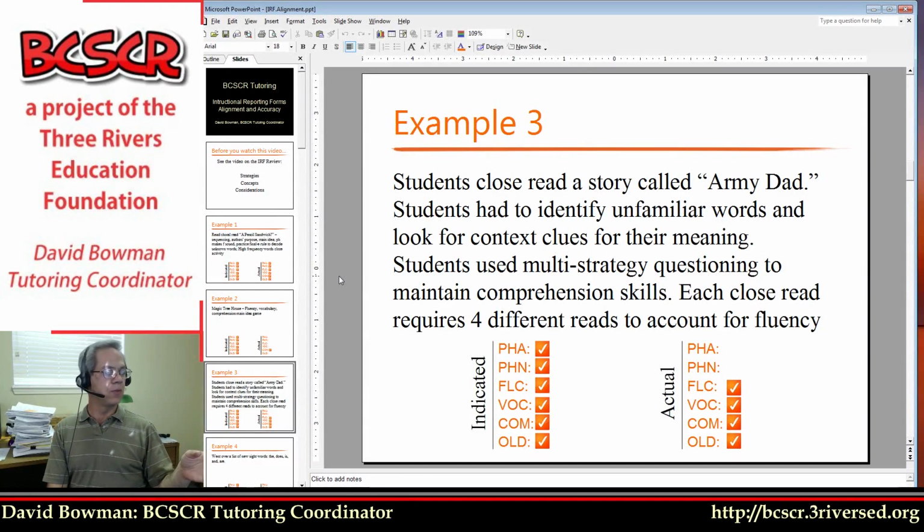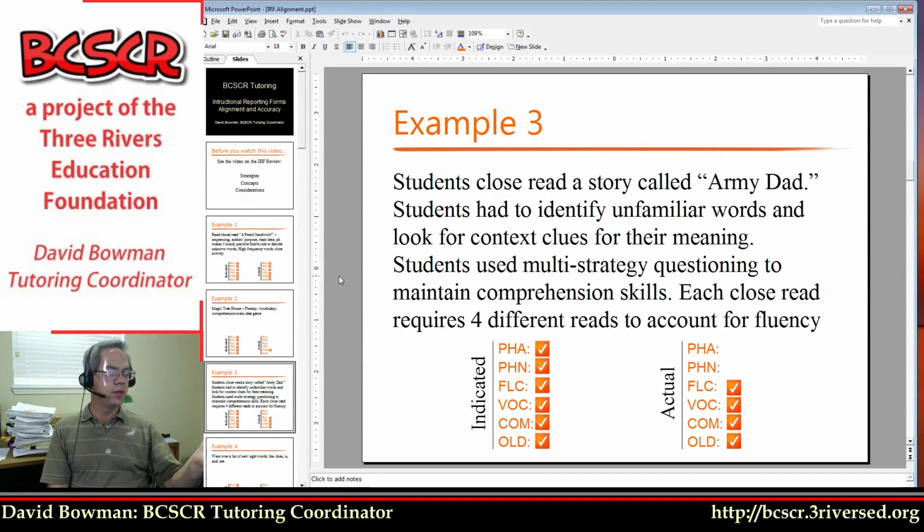Okay, so we have some oral language development for sure, which could come out of the multi-strategy questioning. That whole questioning, because that discussion piece is very important to the development of oral language skills. Similarly with comprehension, I think we can get from there to comprehension. We have vocabulary, the whole looking for unfamiliar words and identifying context clues.